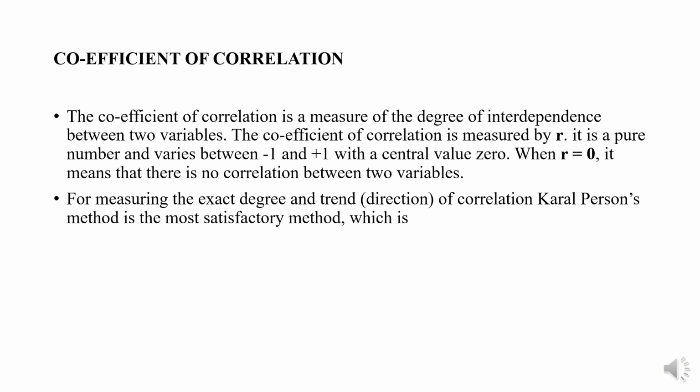We take the formula, which is R equals sigma summation of x minus x bar, and we already know how to find x bar: the sum of observations divided by the number of observations. Times y minus y bar, divided by the number of observations, which is n, times sigma x and sigma y.